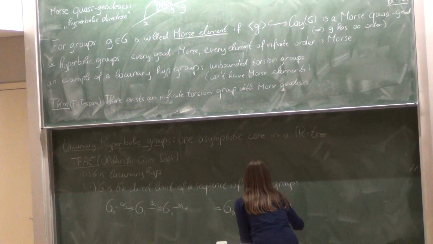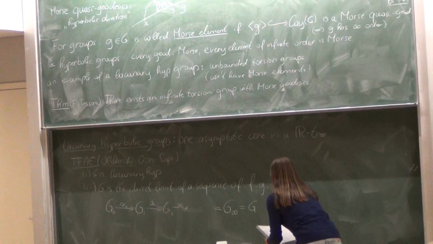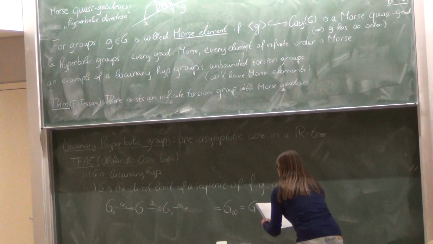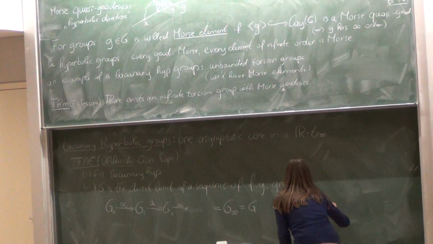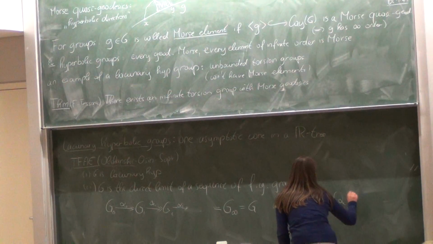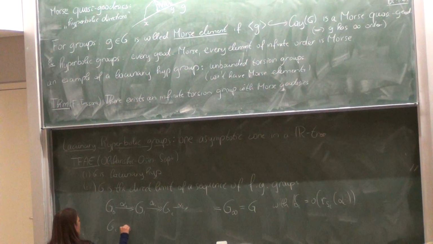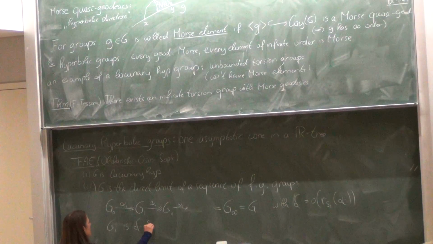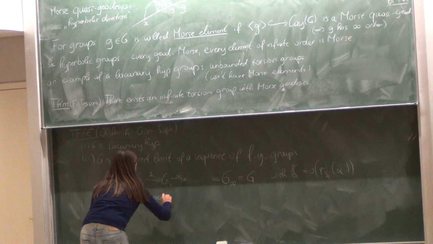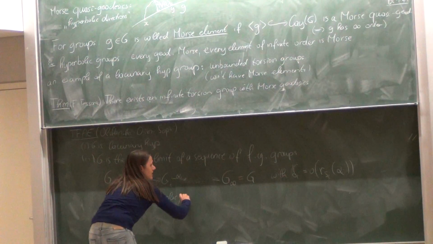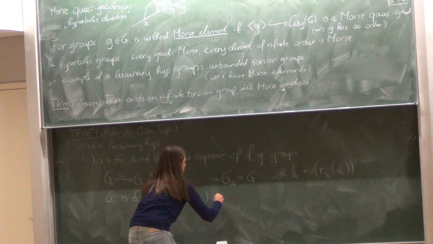This is the criterion we need: delta i is little o of the injectivity radius of alpha i, where each G i is delta i hyperbolic, and the injectivity radius is measured with respect to the generating set.